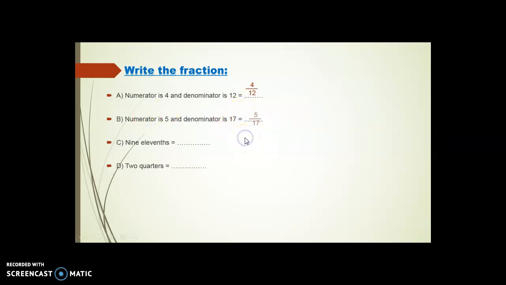So it will be 5/17. 9/11. We start with the numerator. So I will write 9/11. Two quarters. We took quarter before in Junior 1 and in Junior 2, which is 1/4. Here I have 2 quarters, so I have to write 2/4. Excellent.